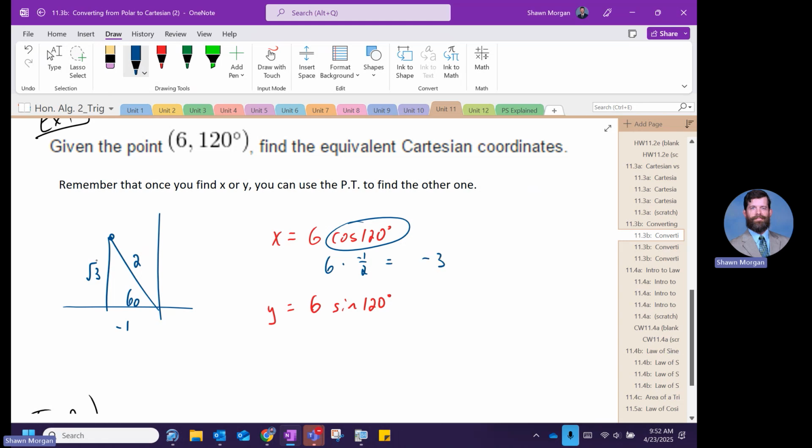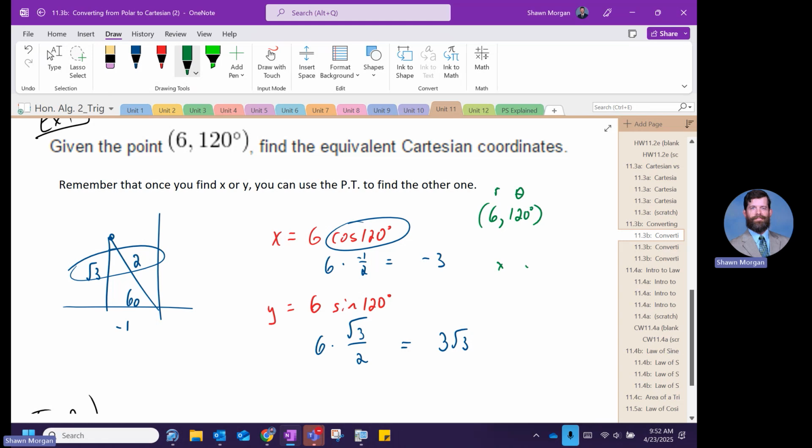And then the sine of 120 would be radical 3 over 2. 6 times radical 3 over 2 would be what? 3 radical 3? So my R and my theta here would be 6, 120. That's R, theta. That's what was given to us.